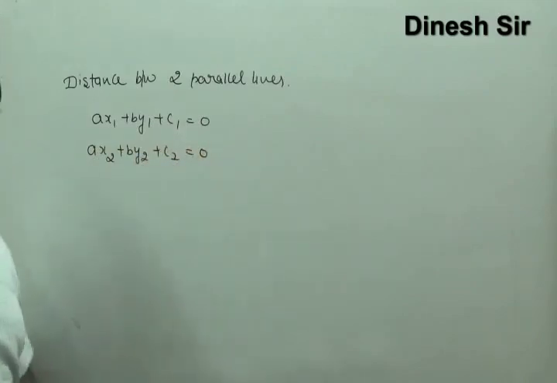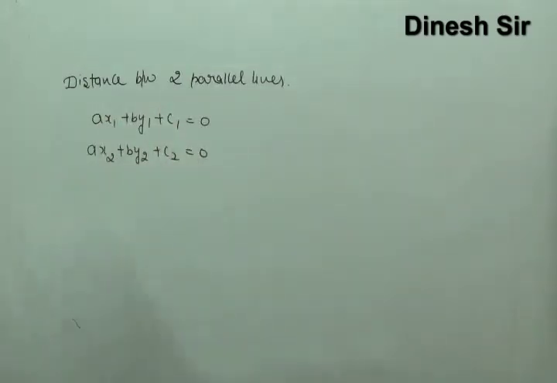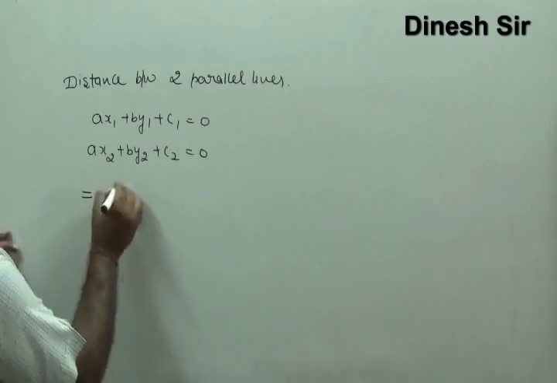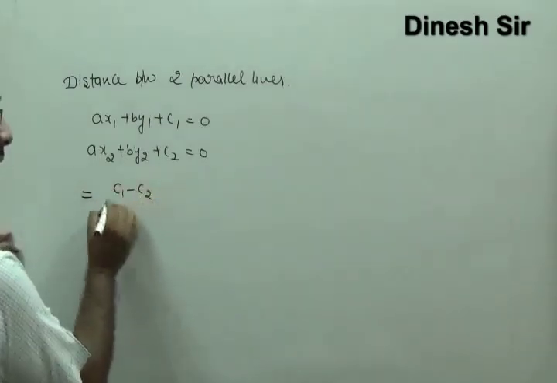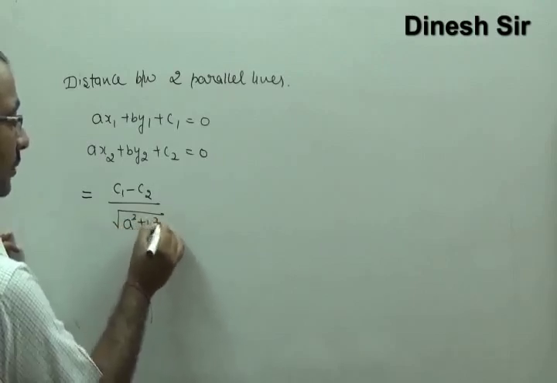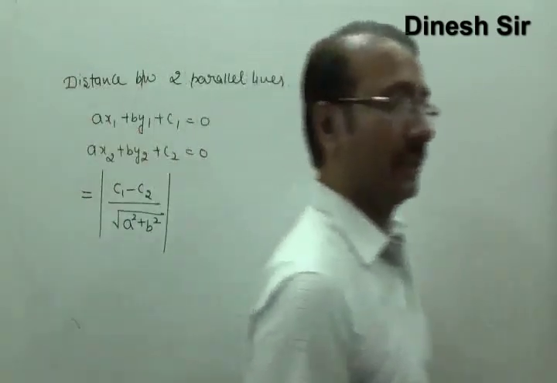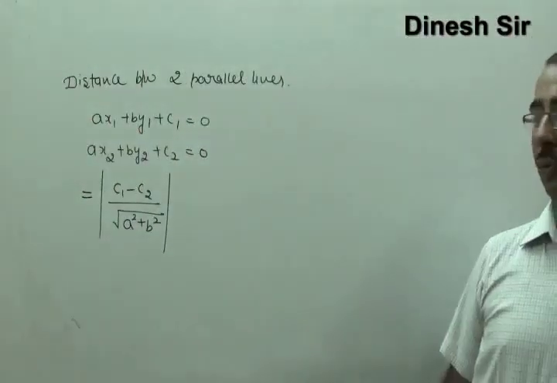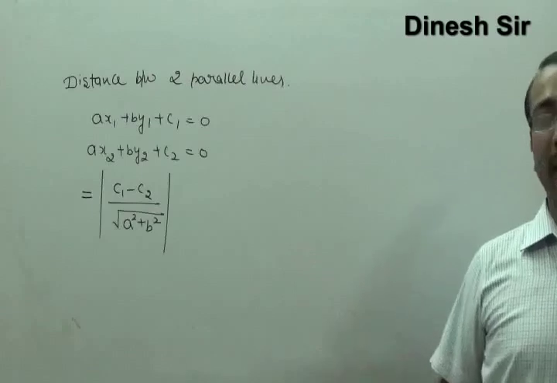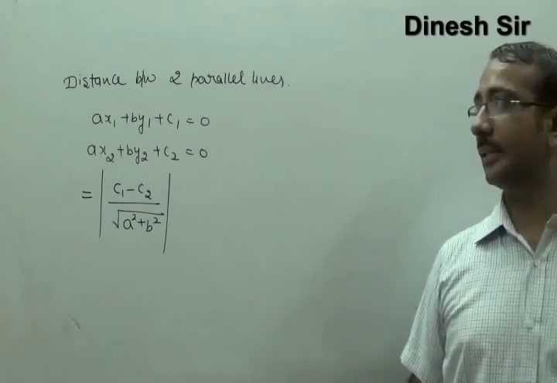We have to find the distance between these two parallel lines. First of all, make sure that the coefficients are the same. Once they have been made the same, the distance is equal to the difference of the constants, c1 minus c2, upon root of a square plus b square. So that is the distance between two parallel lines, (c1 - c2) upon root of (a square plus b square). By that you can easily find the distance between two parallel straight lines.